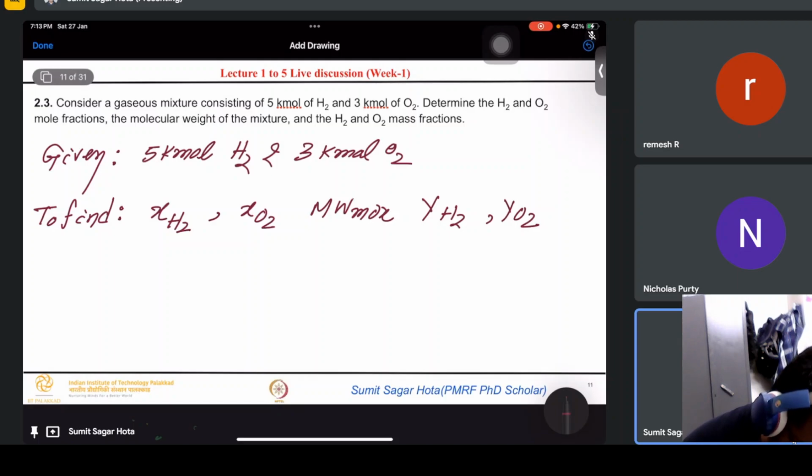So first, x (you can call it chi also) is your mole fraction, and capital Y is your mass fraction.